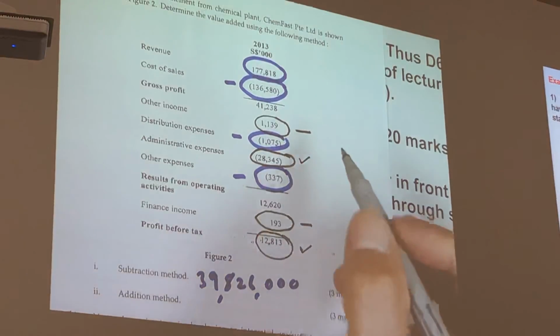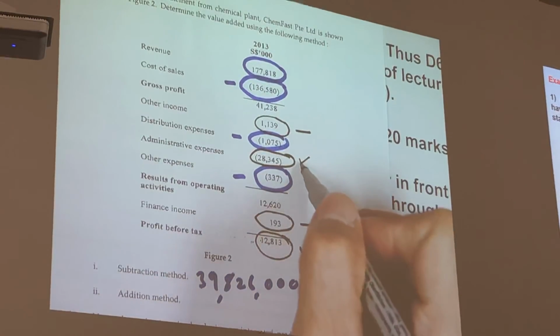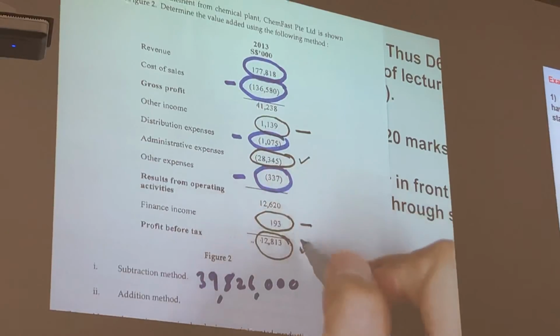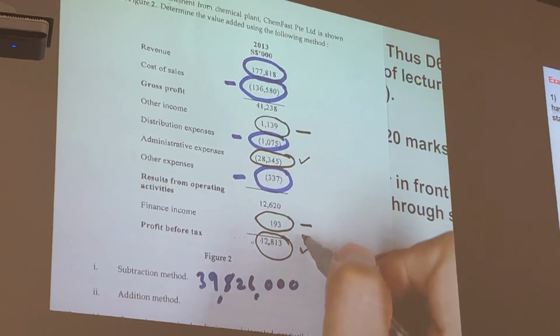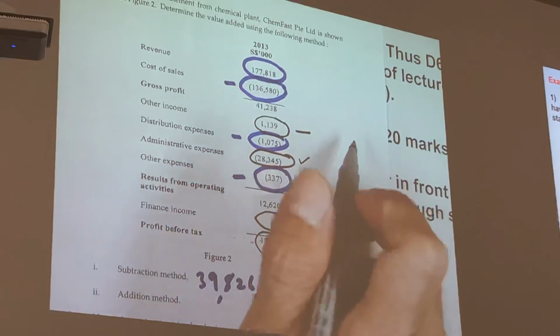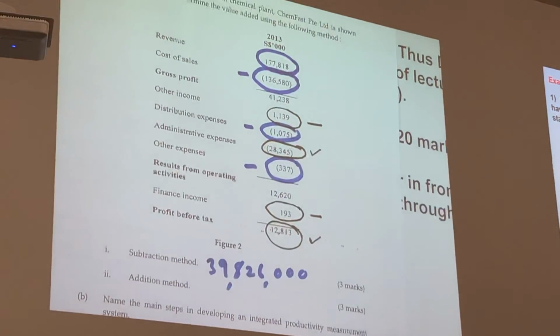So you add back your admin expenses with your wages and your profit before tax. So that's what you do, your wealth generated. But your profit before tax is affected by finance income and by other income. So you have to minus these two away.